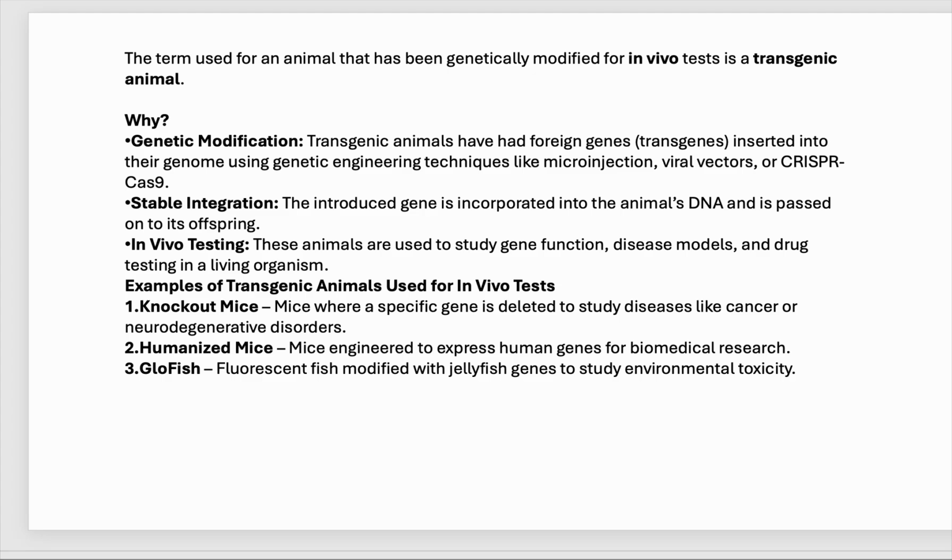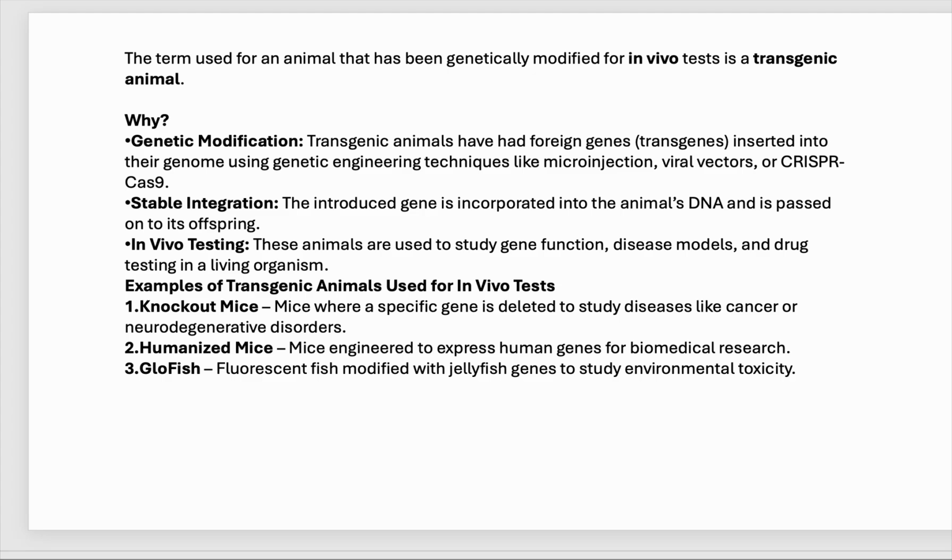And the integration of the foreign gene has to be stable integration. It has to express itself and transfer from one generation to the next. That's a very important criterion, and it's used for gene study, study of gene function, disease models, and drug testing in live organisms.